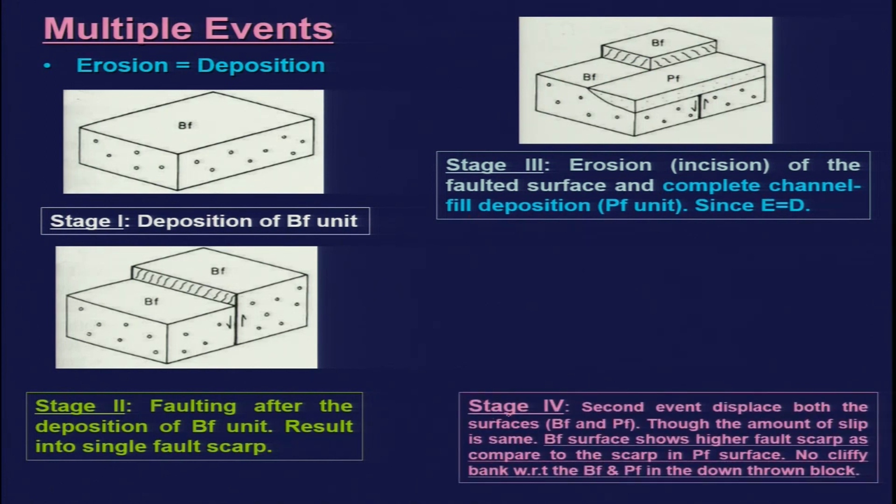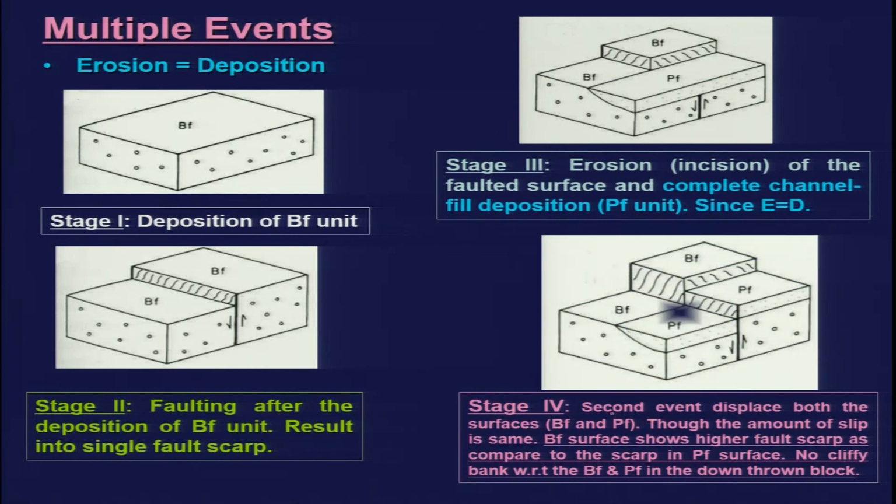Now the fourth stage, in case of the second event, it gives you a different scarp height. The fault runs here, but what we see is that you have a different scarp height. So the second event displaces both the surfaces BF and PF, though the amount of slip is the same. The BF surface shows a higher fault scarp as compared to the scarp in PF. Okay.